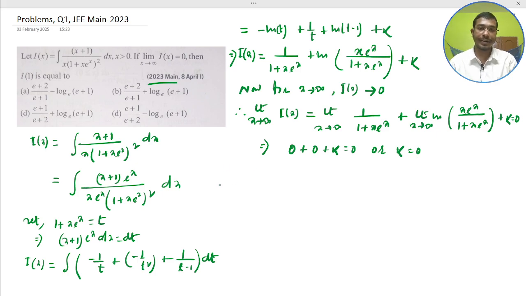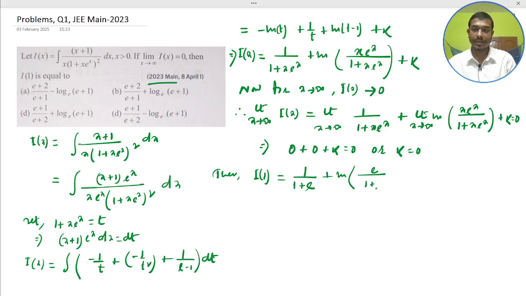Now you have to find the integral at the point 1. So this should be 1 by (1 plus e), putting x equal to 1, plus e by (1 plus e). So this would be 1 by (1 plus e) plus 1 minus ln of (1 plus e).